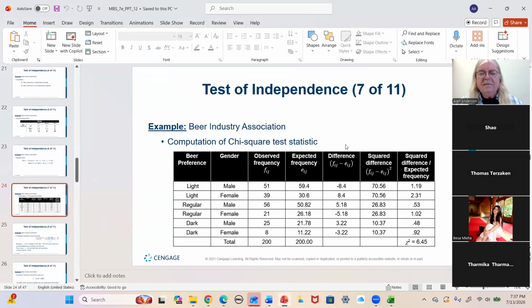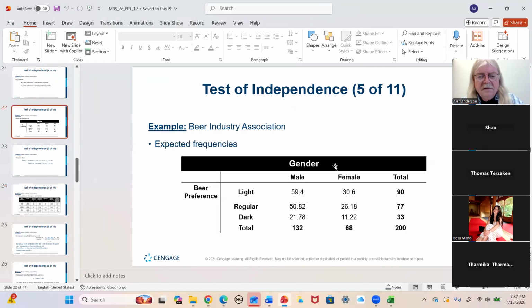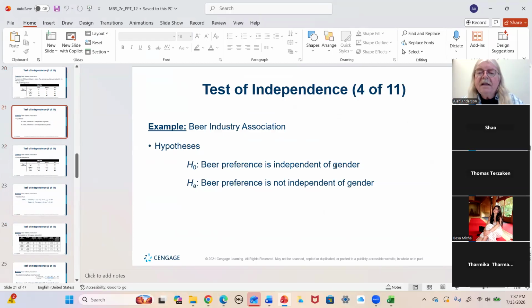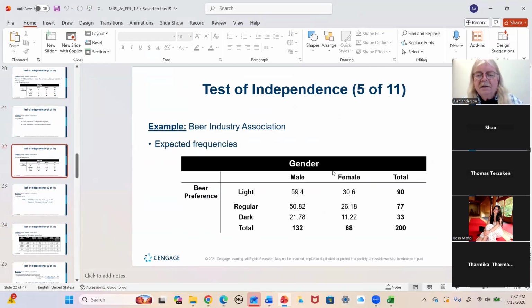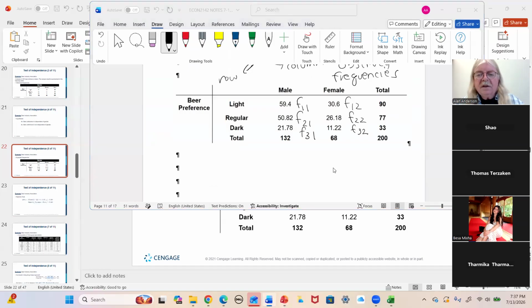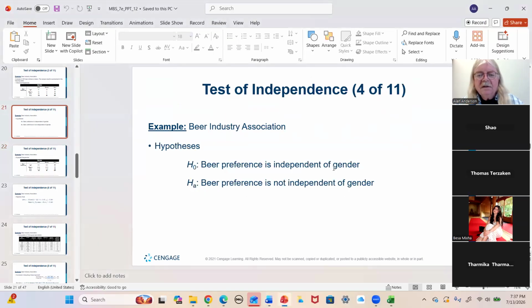Oh my God, look at this table. You know what? I just realized they didn't. That's how they did it, because I copied the wrong table.